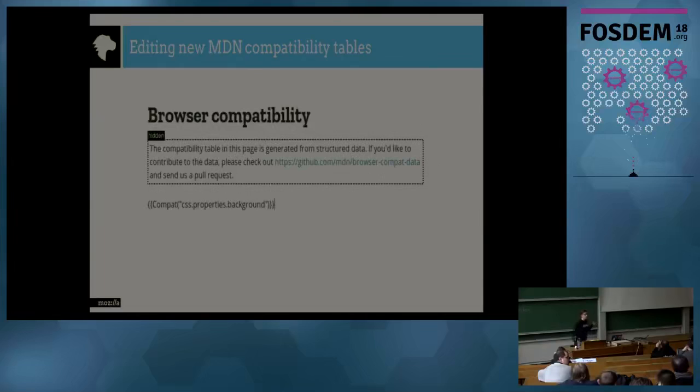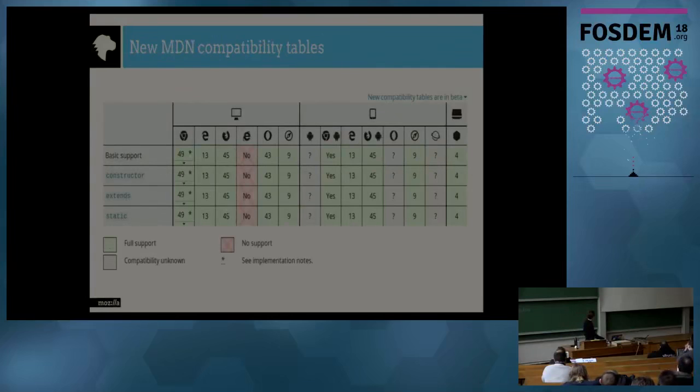And now when editing MDN, it's a lot simpler, because we don't have to edit every page anymore. We can just mass edit in our GitHub repository, and our pages can call a query like this and get the data from the data store. And thanks to this, we were able to recently redesign those tables also.